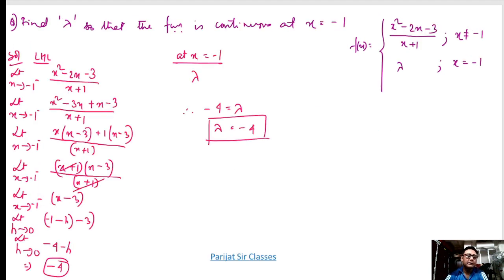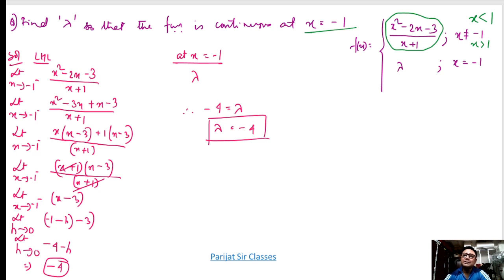Next, see friends, the next one. Find lambda so that the function is continuous at x equal to 1, at x equal to minus 1, continuous. So this is our function. That means for x less than 1 and for x greater than 1 I will choose this function.